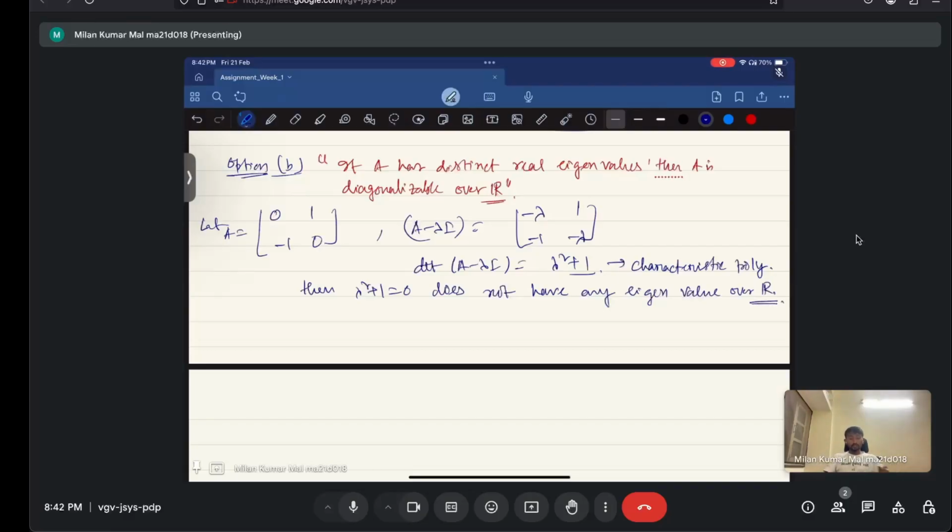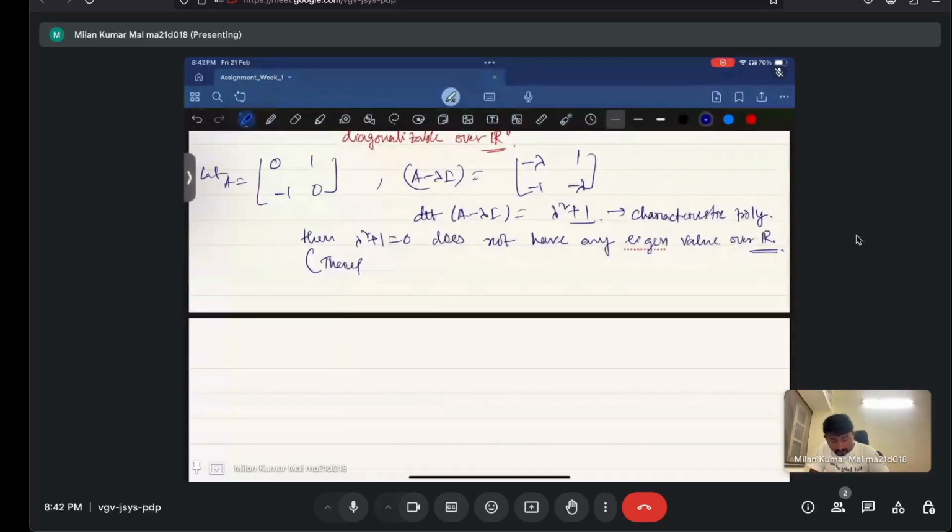So here there is no question of diagonalizability over R. This field is very important, because lambda square plus 1 equals 0 only when lambda equals the square root of minus 1.